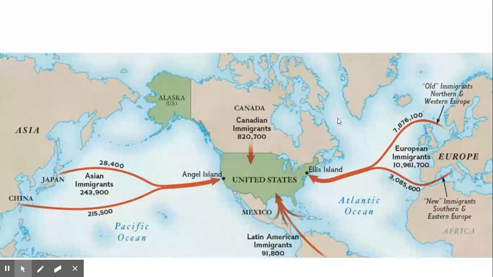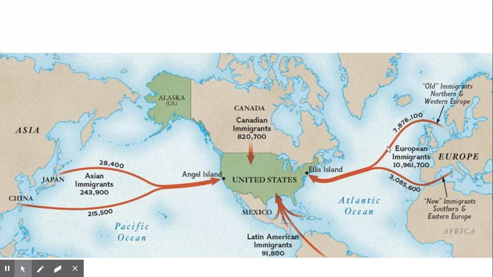And this map is pretty cool. It shows you just how many people immigrated to the United States during this time period. This is talking mainly the 1820s up through the 1920s, and the majority of this happened after the Civil War.